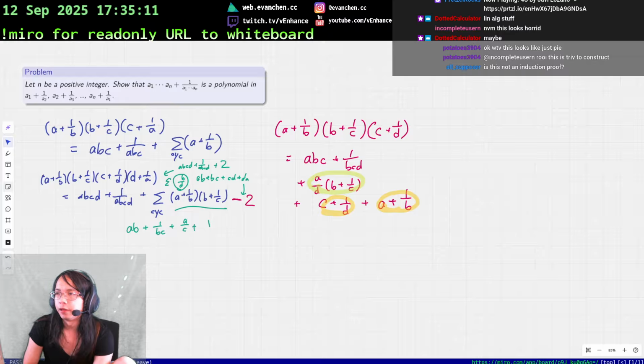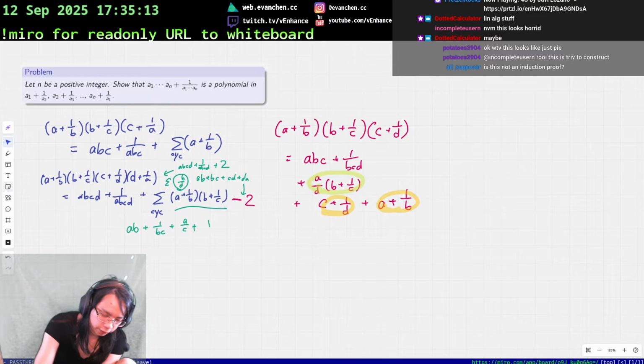If I multiply this by another term, if I take this and stick on a d+1 over e, what do I think happens to it?